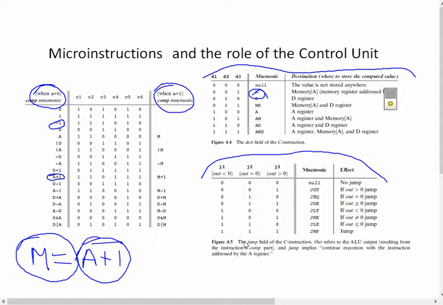If it was positive, negative, or 0, then I can take action on that. For example, if I were to specify a jump, JGT, or jump if the output is greater than 0, i.e. it's positive, that gives me an ability to control the flow of execution within my program.